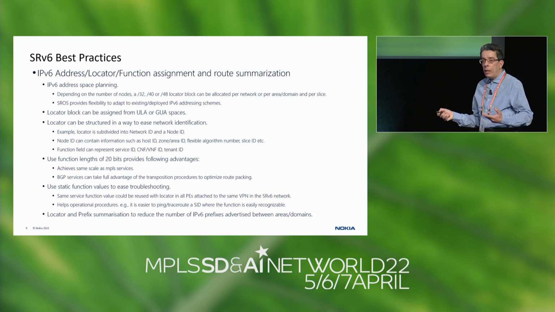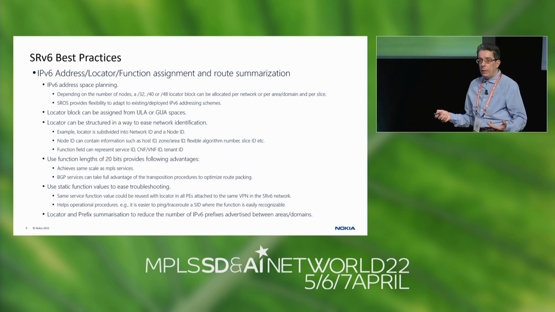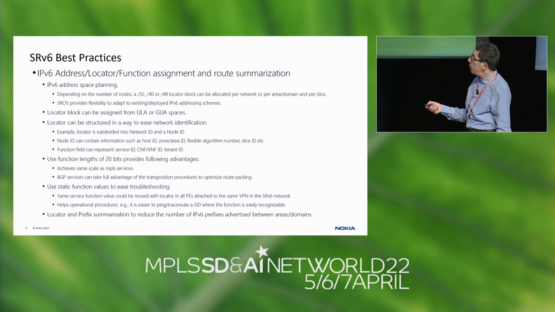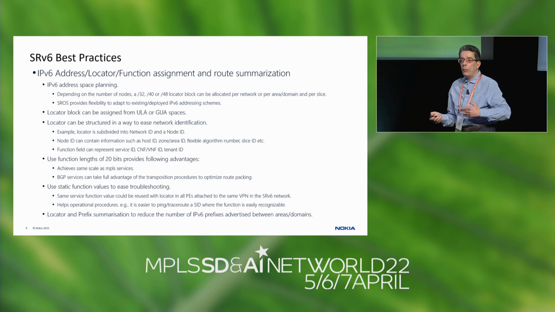So you can be creative in how you structure this information so it's meaningful to you. The function field could be a service ID, a CNF or VNF ID, or a tenant ID. These are the things you have to do ahead of time before you start the deployment. And once you deploy, this is ready to be used, and it's easy to troubleshoot.